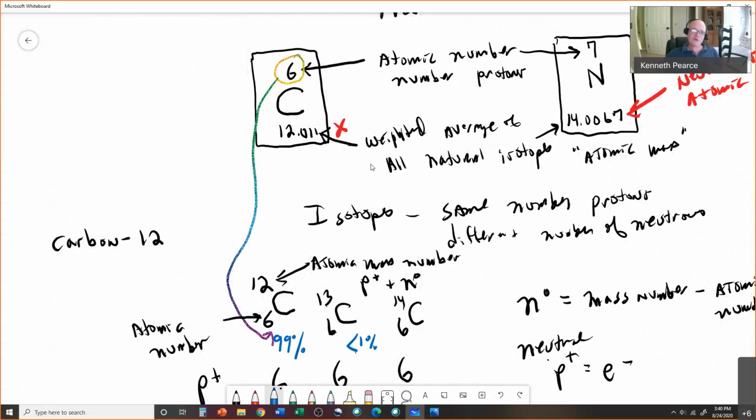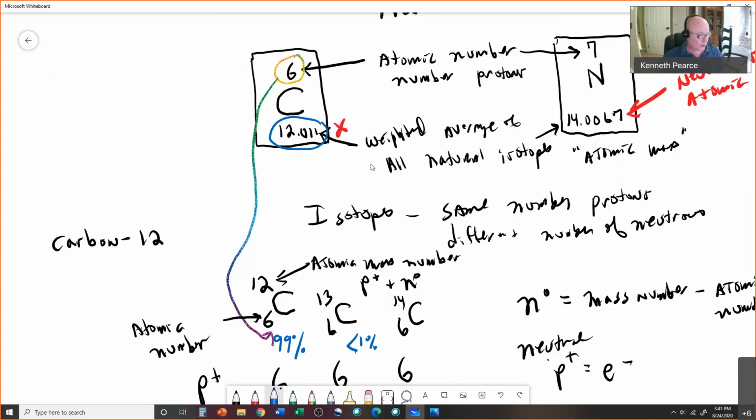And so if you average these as a weighted average, in other words, you take the percent composition times the mass, and then you add them up, you will get a weighted average. It would make sense that if you have mostly carbon 12, you would be very close to 12, but you're not going to be right on 12 because it's an average of all three isotopes.